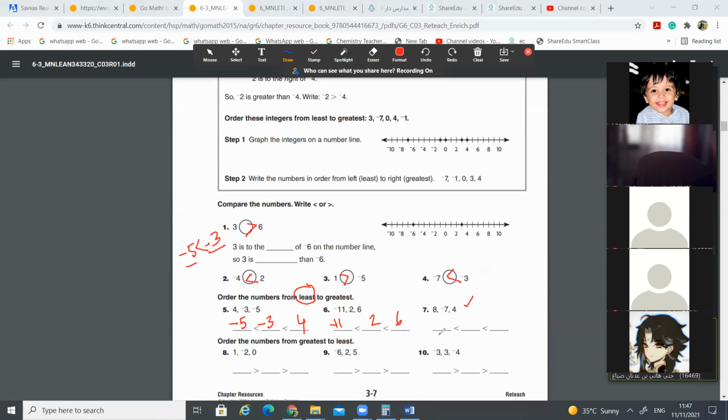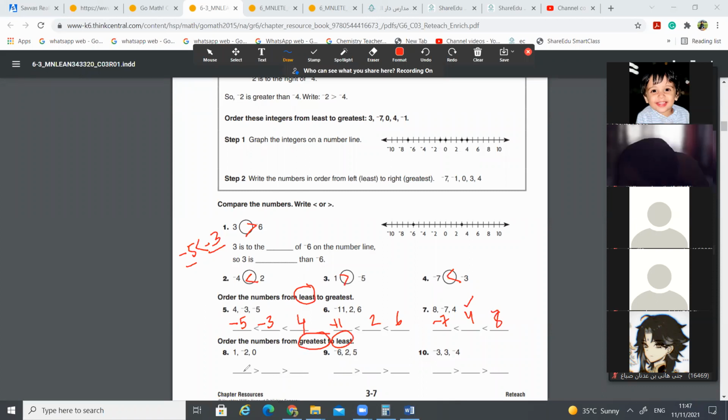Who was here with me to answer this question? Yalla, Jana. -7 and then 4 and then 8. Amal? Miss, can I do greatest to least after Amal? Yes, greatest to least. Yalla, Amal.